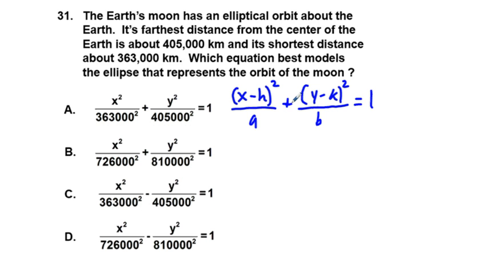The key feature is the plus sign between the x term and the y term. Understanding that alone will let us know that neither C nor D can possibly be a correct answer.